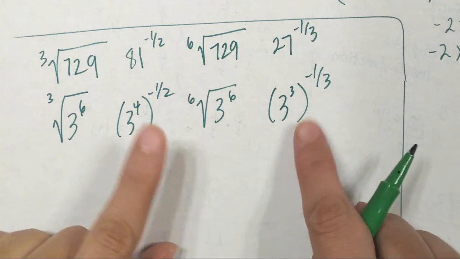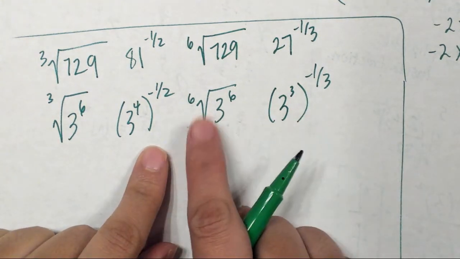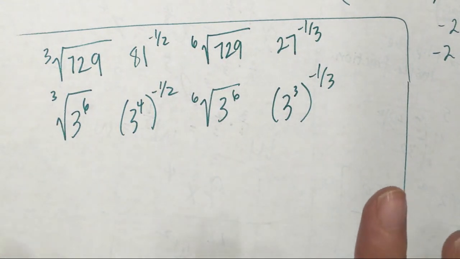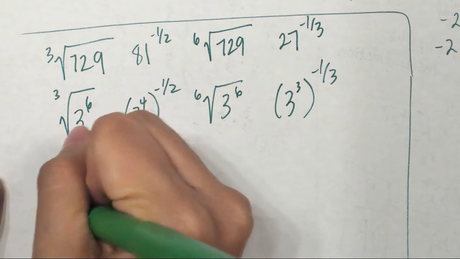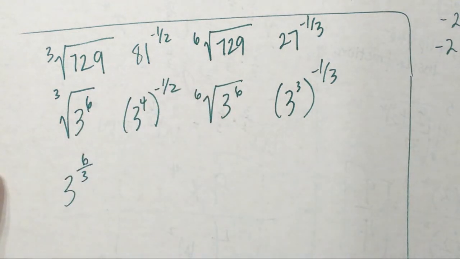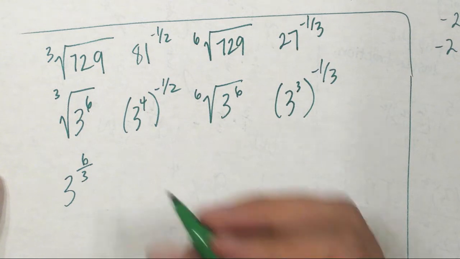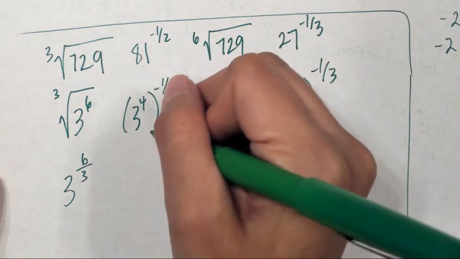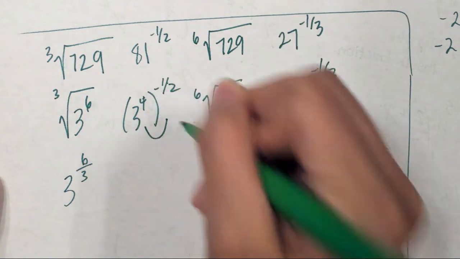Alright, so I have 2 in exponential form and I have 2 in radical form, so I'm going to rewrite everything in exponential form. So this will be 3 to the 6, 3 is the root index, so 6 over 3. Now here I have the staggering exponents, right? See your face, 2 eyes, a nose, and a mouth.